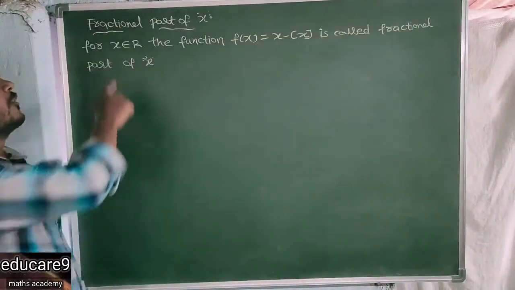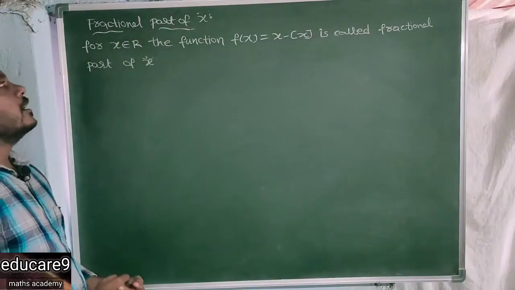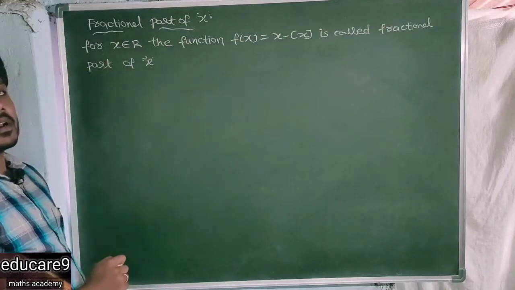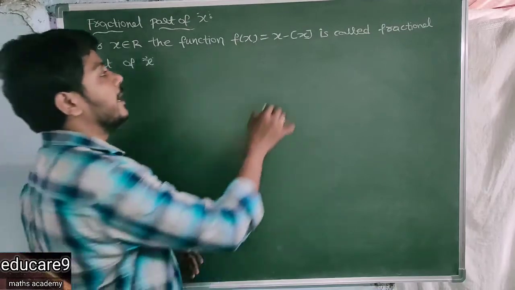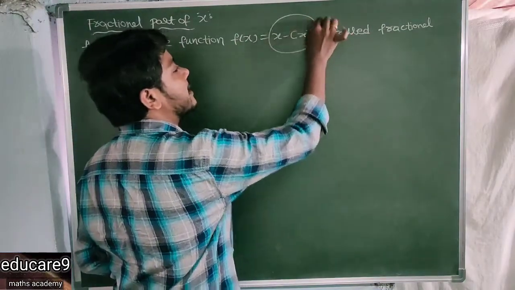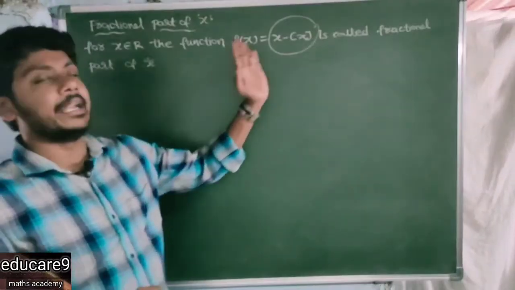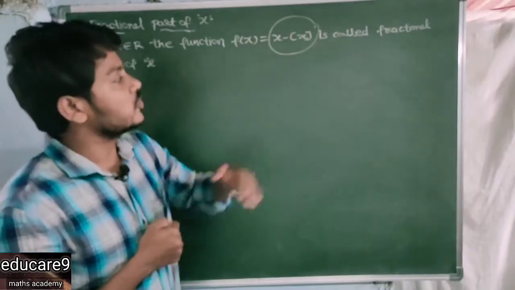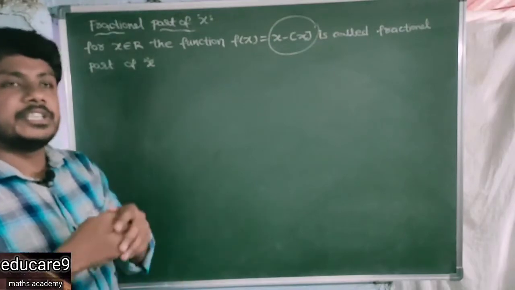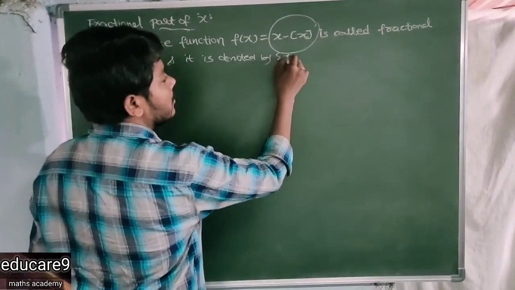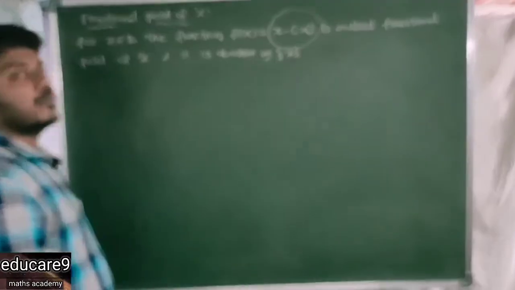Next one, fractional part of x. If x is a real number and the function f of x is equal to x minus the greatest integer function of x, that is called the fractional part of x, and it is denoted by bracket of x.